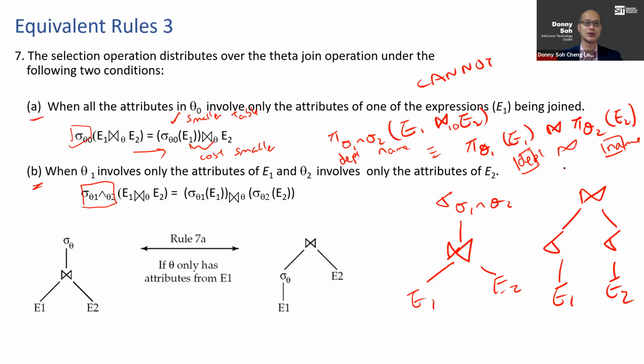Then when this joins with this, there's nothing to join, and this will become a null set. So remember, this only applies to selection, not to projection. So we must be careful in this. Okay, cannot. Let's look at the next one.